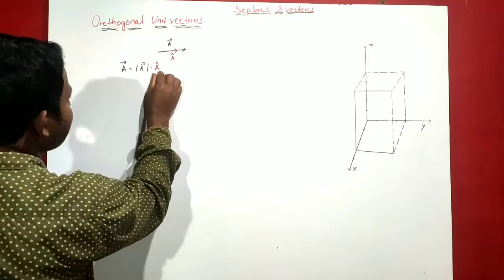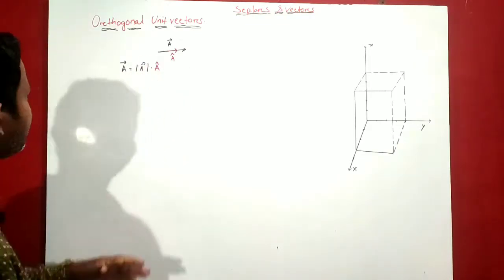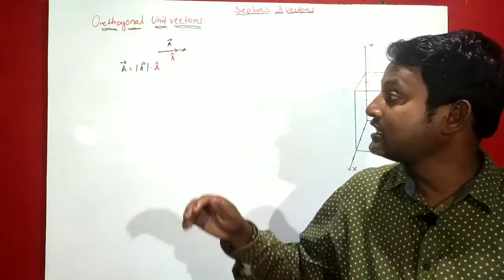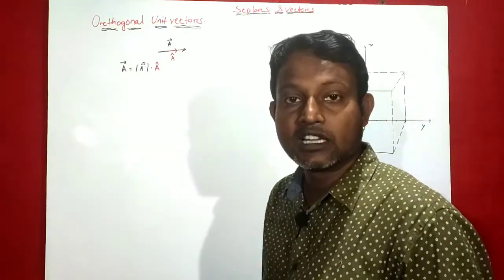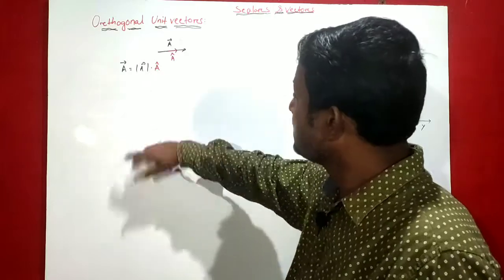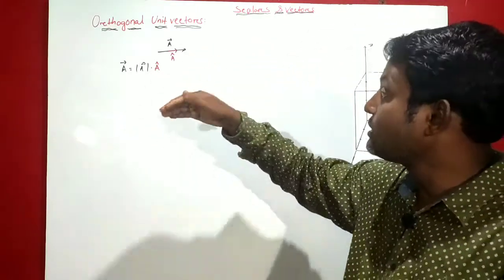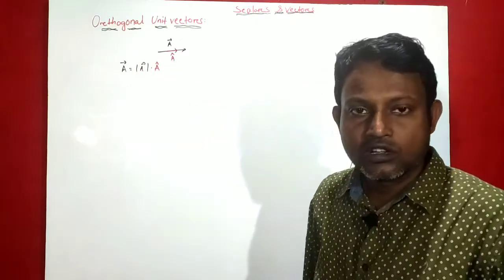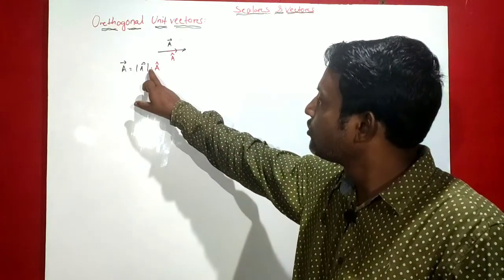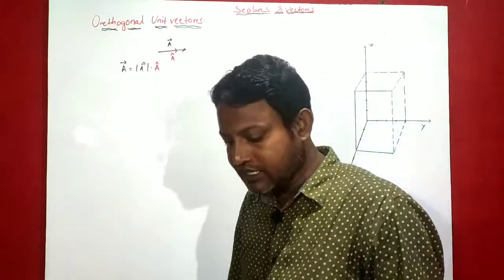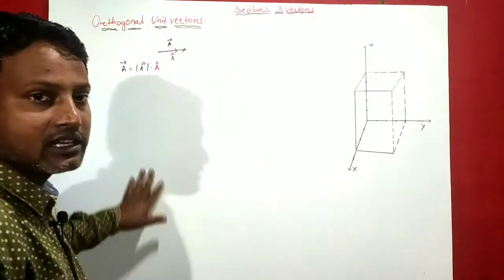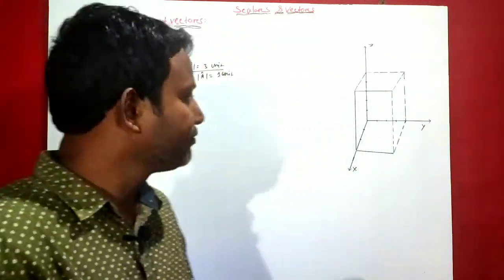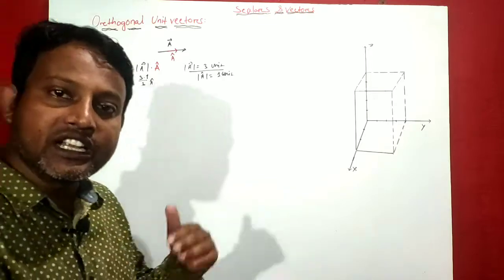We put a vector with the magnitude of A, which does not change the magnitude of the vector A. That means it is the vector having magnitude 1 unit. When we multiply the magnitude of A, then it does not change the magnitude of A. That means the unit vector always gives the direction to the vector.